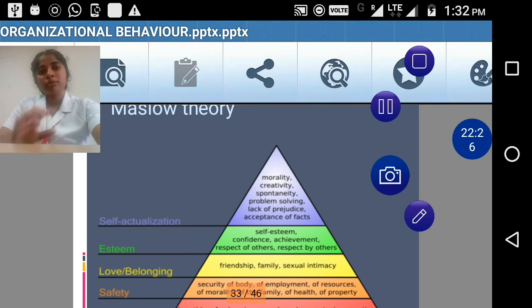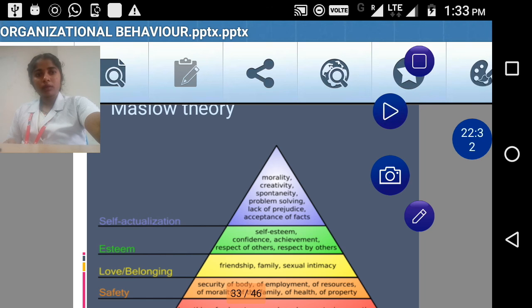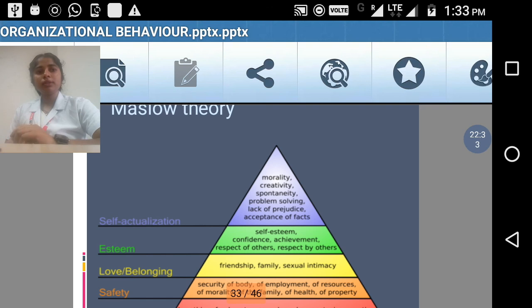Next we have to see Maslow's hierarchy theory. Maslow first introduced his concept of a hierarchy of needs in his 1943 paper, A Theory of Human Motivation, and his subsequent book, Motivation and Personality.